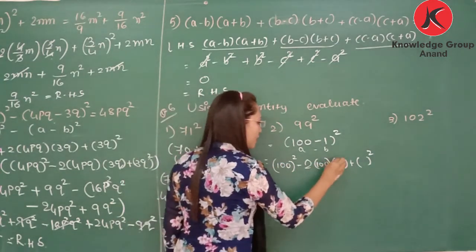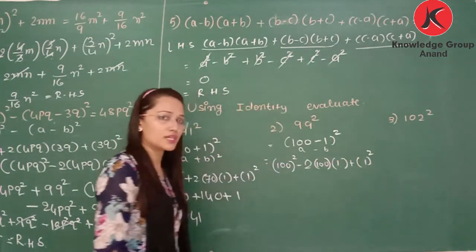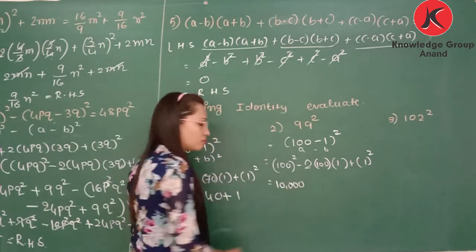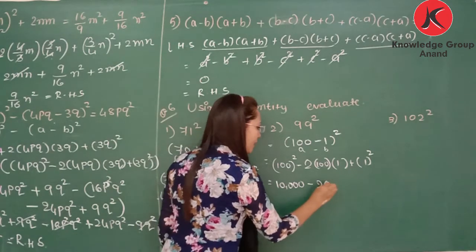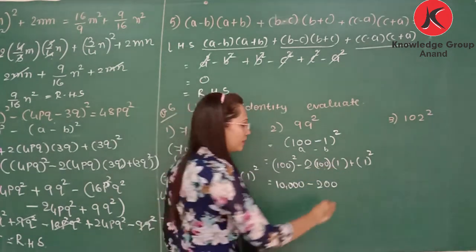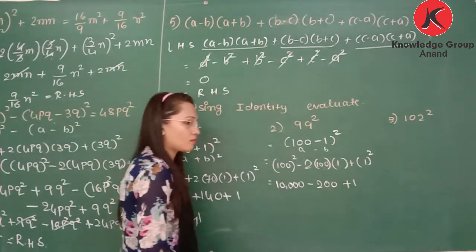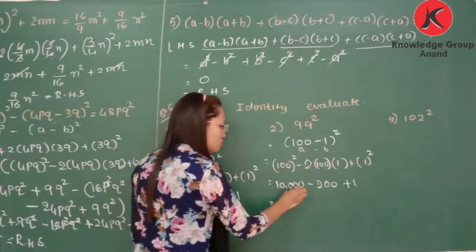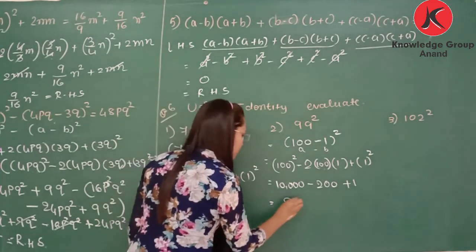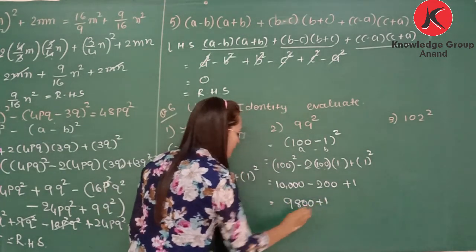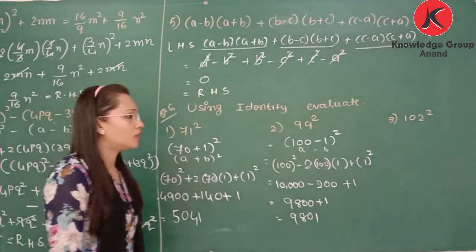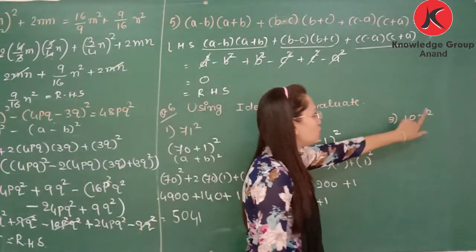So 2 into 100 into 1 plus 1 square. 100 square is 10,000 minus 200. 2 into 100, 200, 1s are 200. So it is minus 200 plus 1. Now 10,000 minus 200 is 9,800 plus 1. That is 9,801.